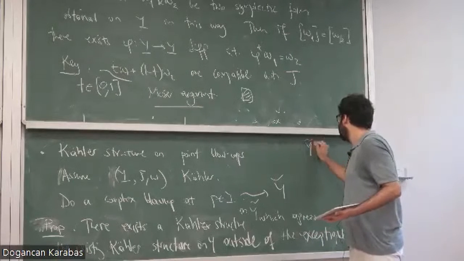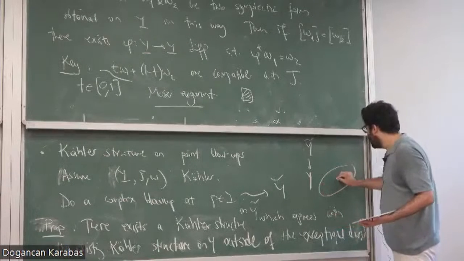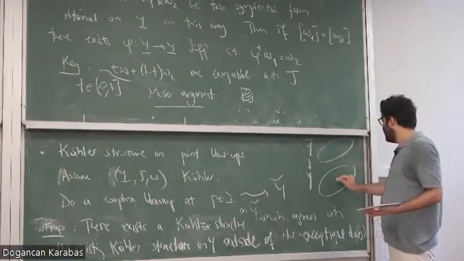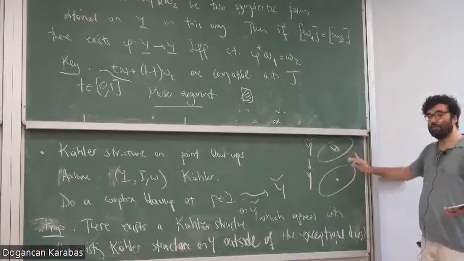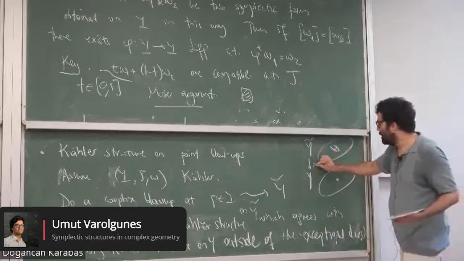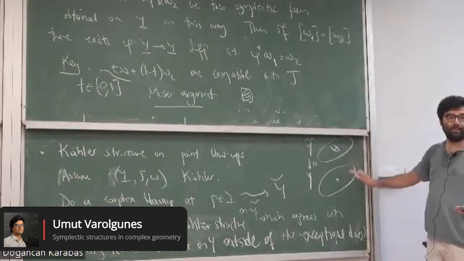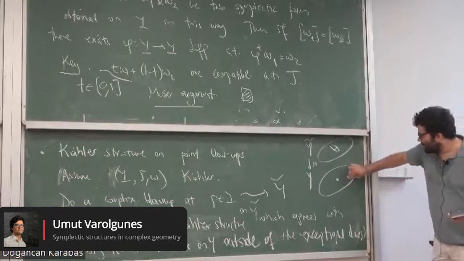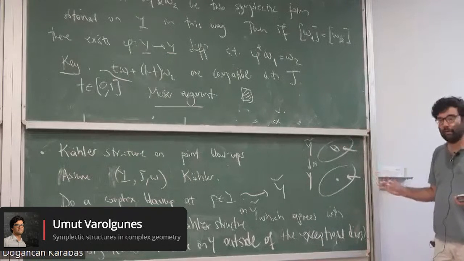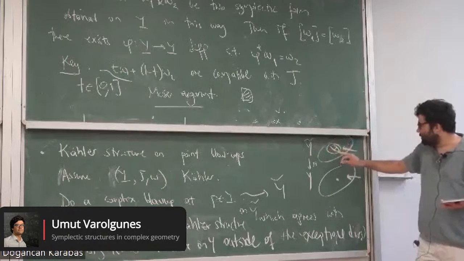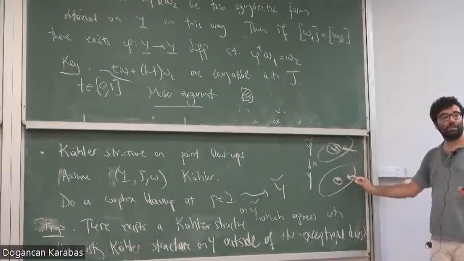So we have Y tilde mapping to Y: instead of having this point, upstairs you now have this CP1, but everywhere else there's a biholomorphism pi. If you remove the exceptional divisor and the point, it's a biholomorphism, so they're canonically identified. What I'm saying is that you can find a Kähler structure everywhere, and it agrees with the Kähler structure on Y outside of some arbitrarily small neighborhood of the exceptional divisor.